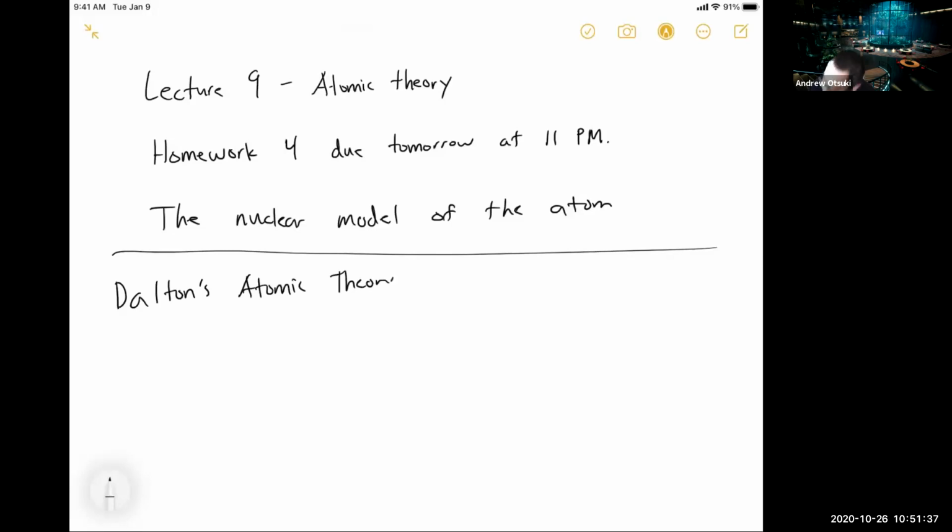Dalton's atomic theory is one of the earliest theories of the atom, which states the following: each element is made up of individual particles called atoms.